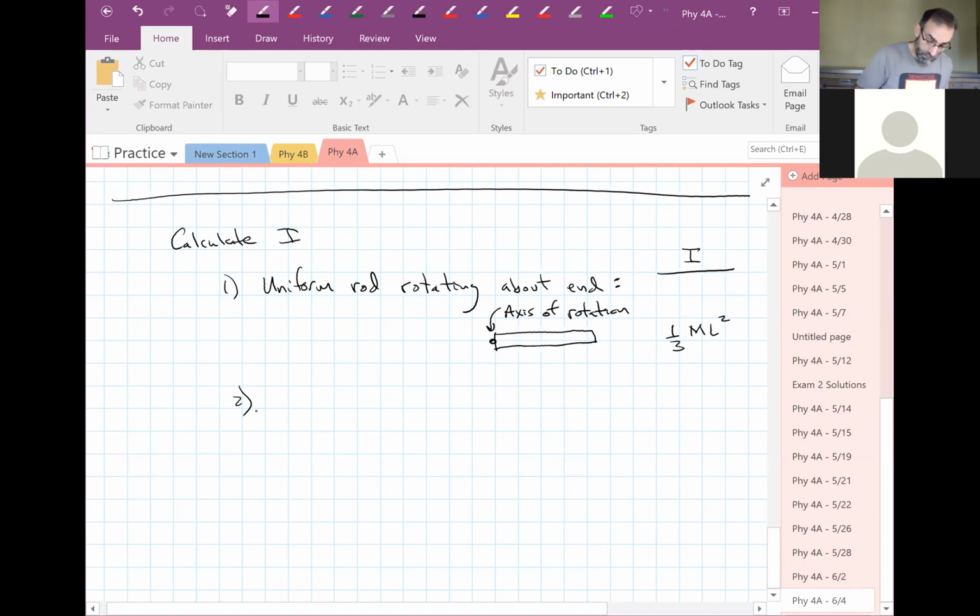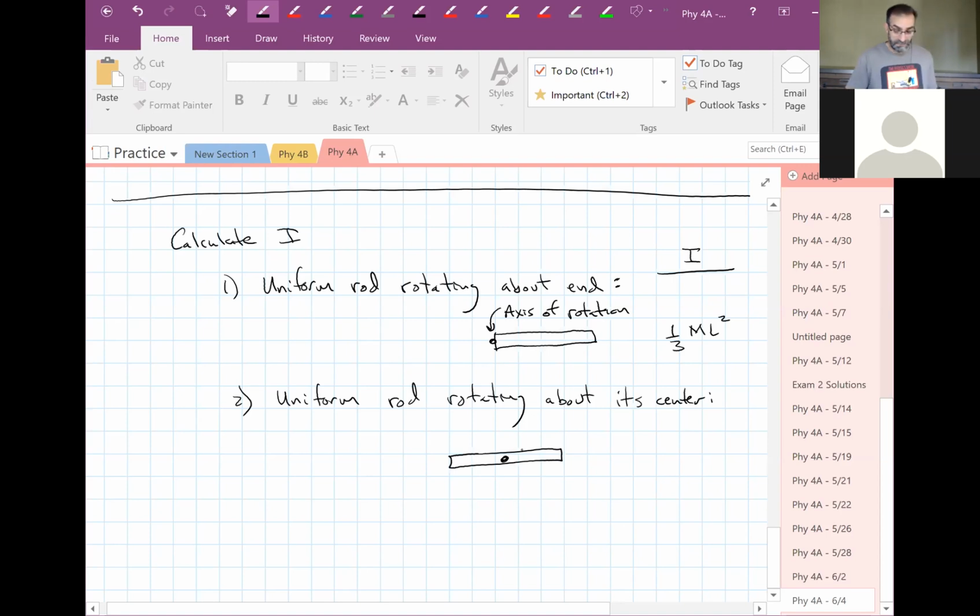A uniform rod rotating about its center. All right, so this.